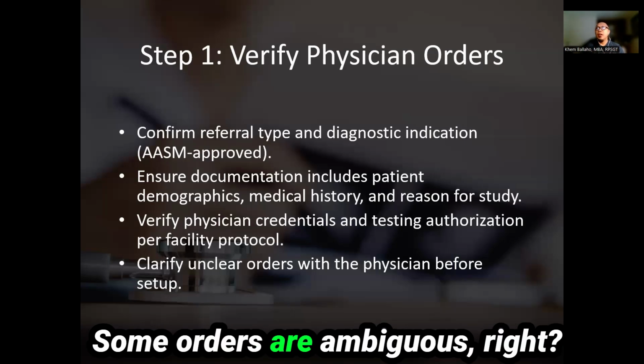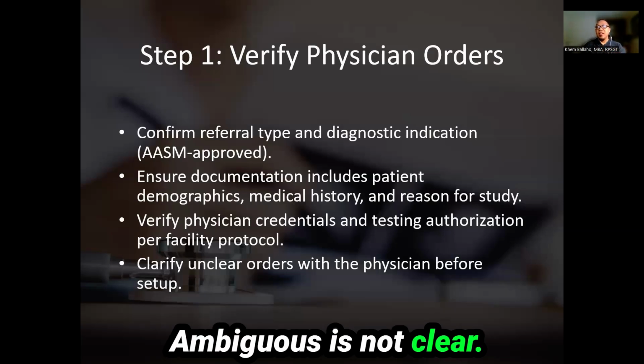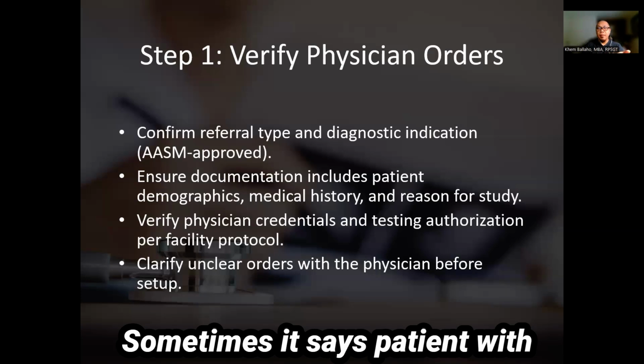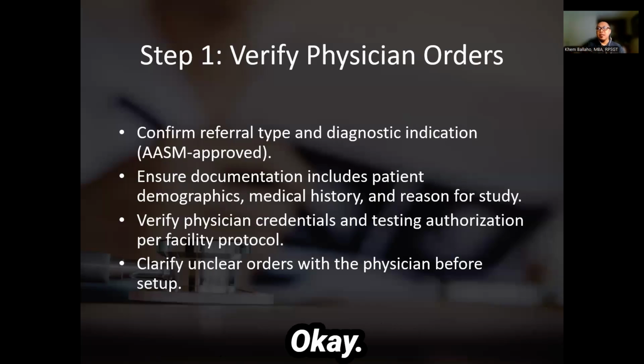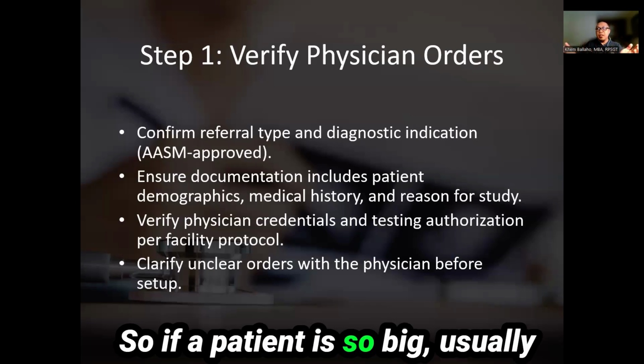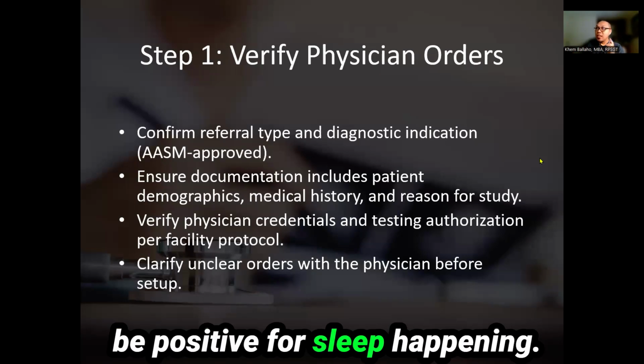Some orders are ambiguous, right? What does that mean? Ambiguous is not clear. Sometimes it says patient with BMI of 40 requesting MSLT. That doesn't make sense. Okay. So if a patient is so big, usually they have a higher tendency to be positive for sleep apnea.